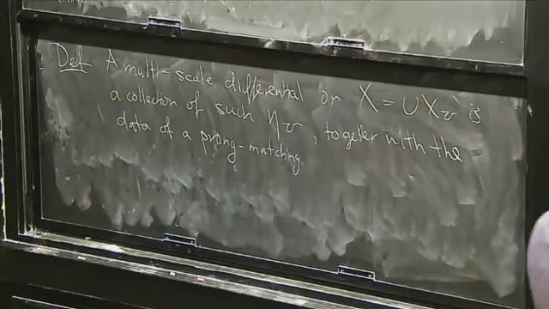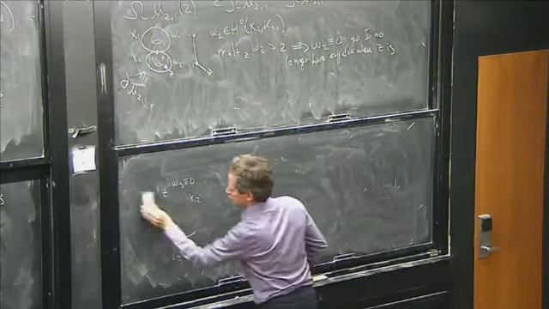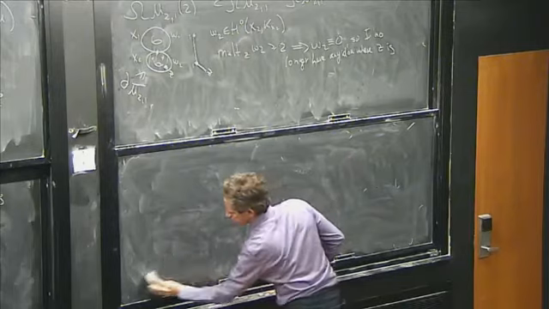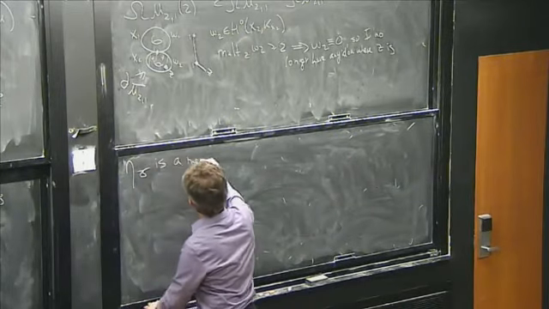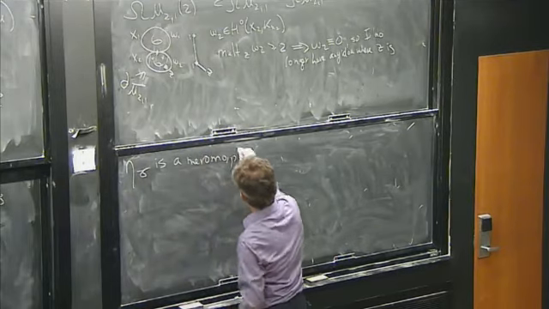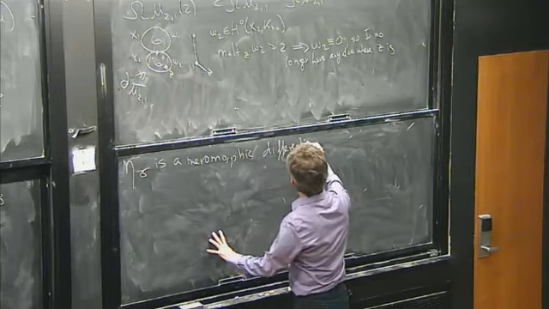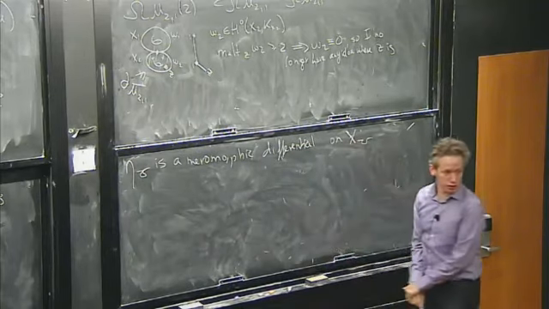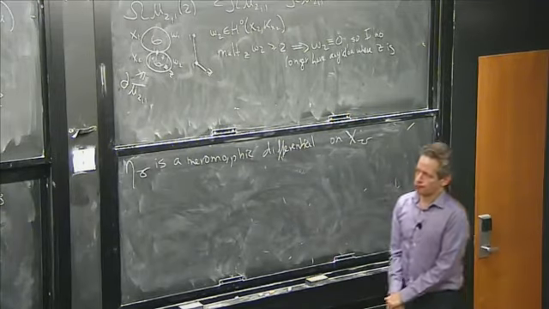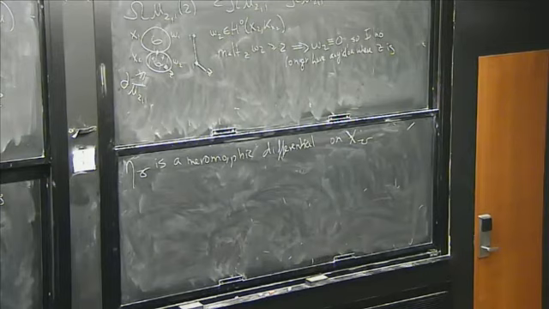I want to try to understand what kind of an object this eta is. So eta v is nothing but a meromorphic differential on the individual component, right? Where will its poles be? Well, certainly at the nodes there can be poles.